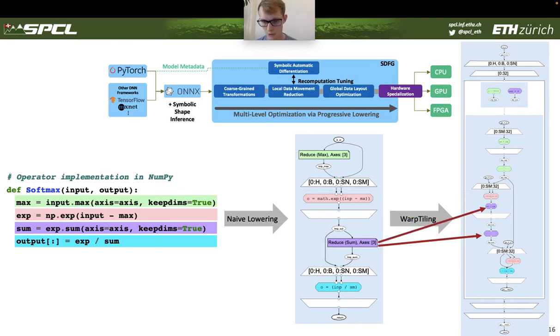And then here another warp reduction for the sum. And then finally this division was also fully fused with the preceding exponent computation. So here is an example where data-centric transformations are actually being used to do hardware-specific lowering. And we'll take a look at the performance of this in a sec.